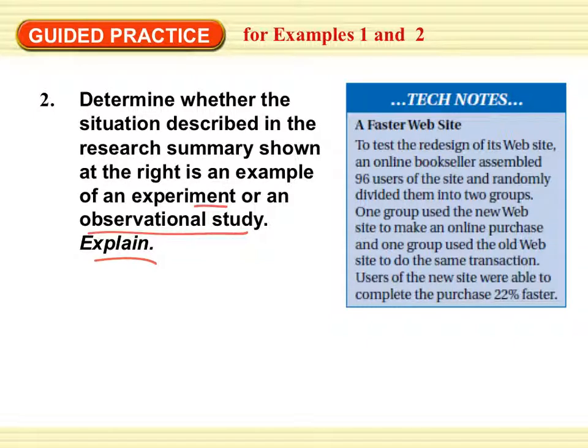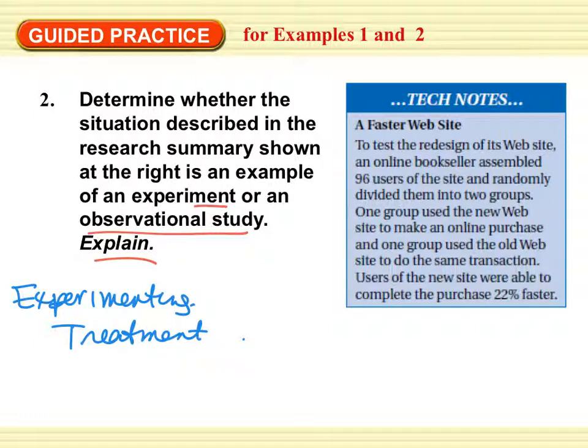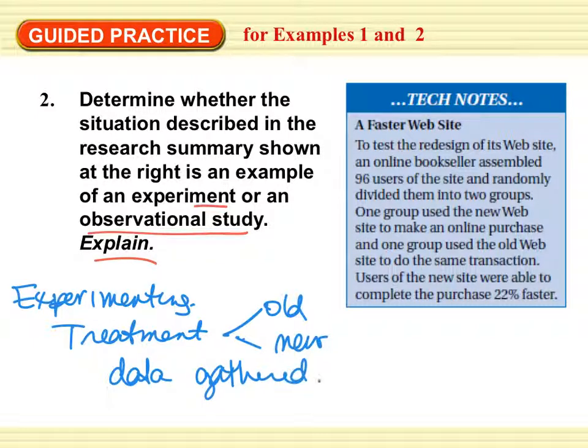Users of the new site were able to complete the purchase 22% faster. Sounds like we are experimenting. Okay, we've got a treatment, which is a new site versus an old site, is imposed on individuals, and data is gathered on the treatment. Pretty cool.